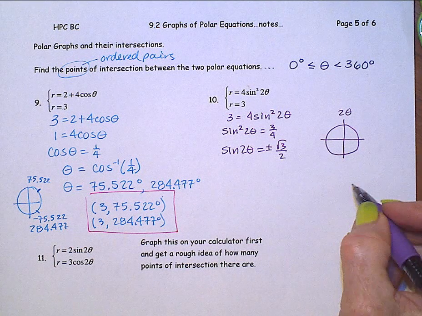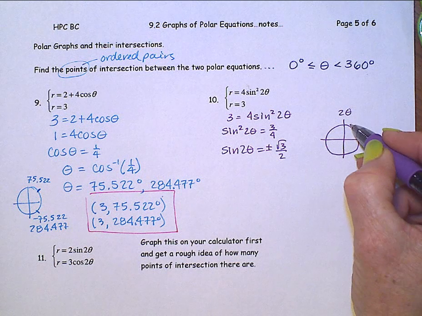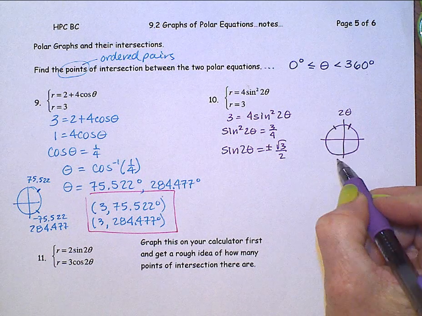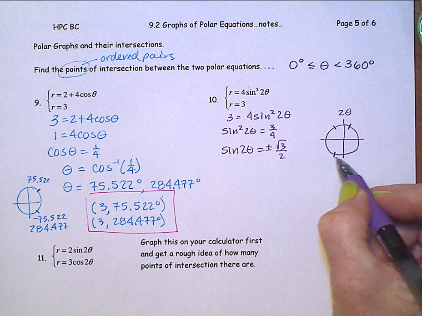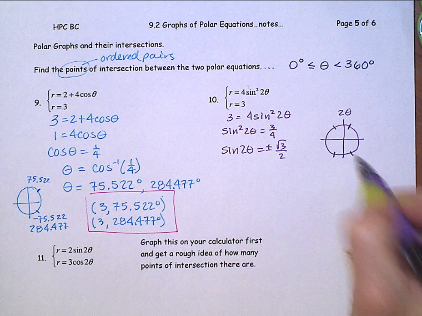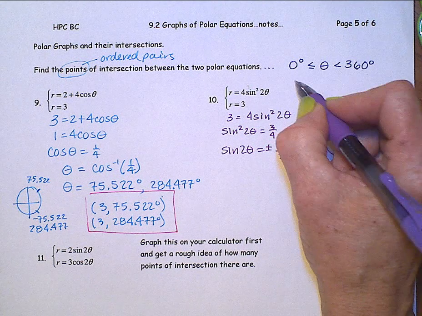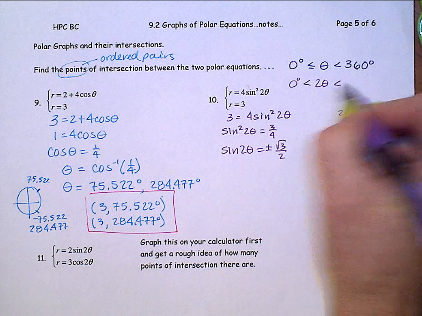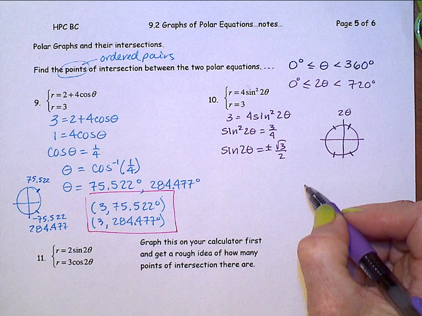sine to be positive or negative square root 3 over 2 would have to be up here at 60 degrees, 120, 240, there's the negative, negative square root 3 over 2, and then also 300. But then, since theta is between 0 and 360, 2 theta is between 0 and 720, which means we need to go a second time around the circle.